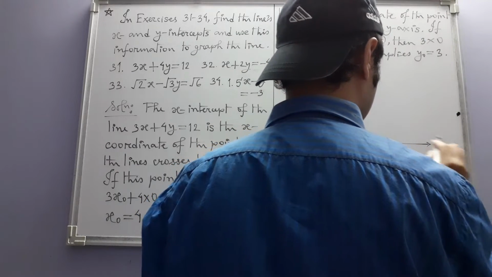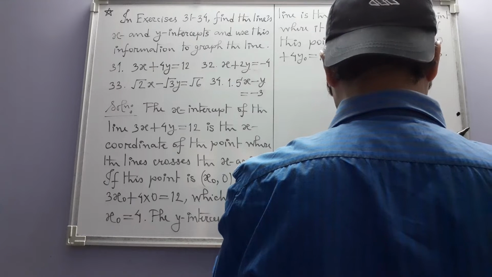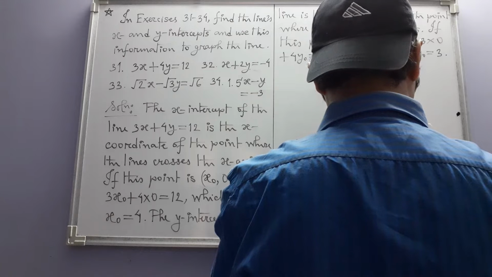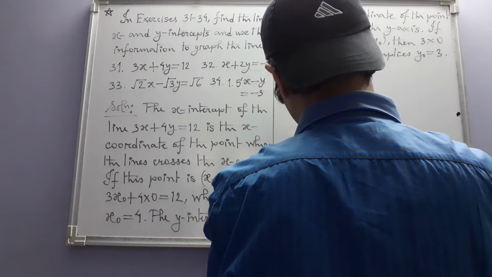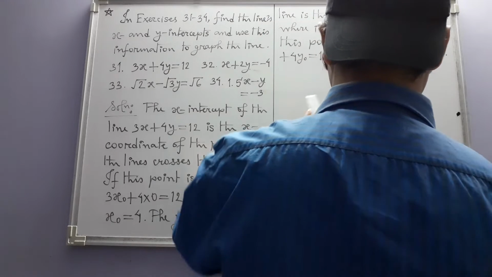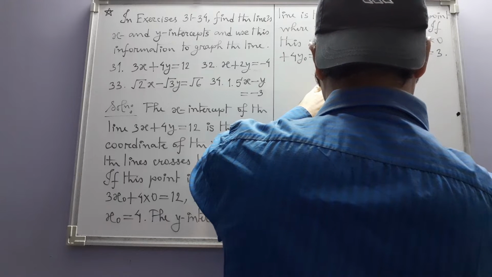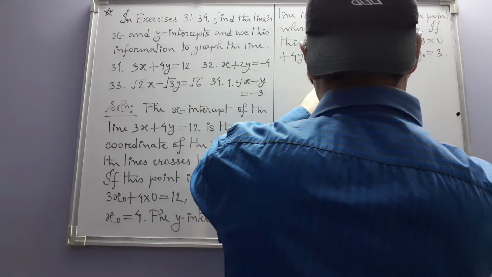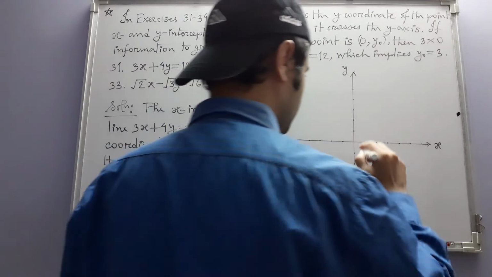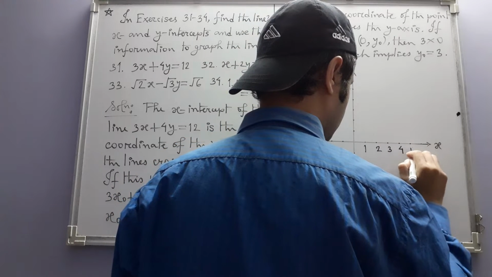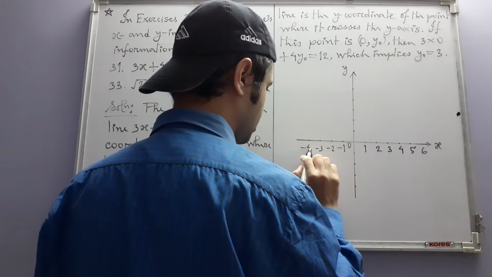So this is our x-axis, this is our y-axis, and let's put the numbers also. 1, 2, 3, 4, 5, -1, -2, -3, -4, and so on.